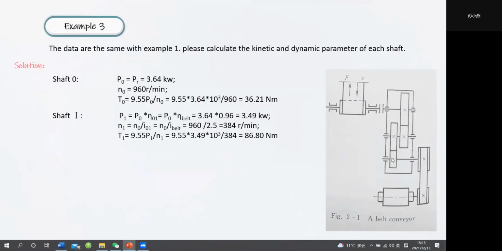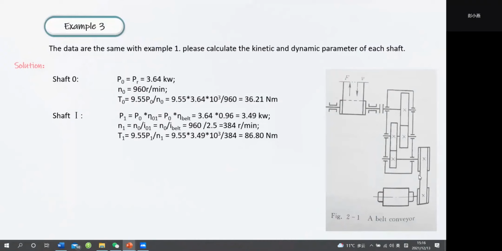This is shaft 1. For shaft 1, it's the output power of the motor times the efficiency of the belt.